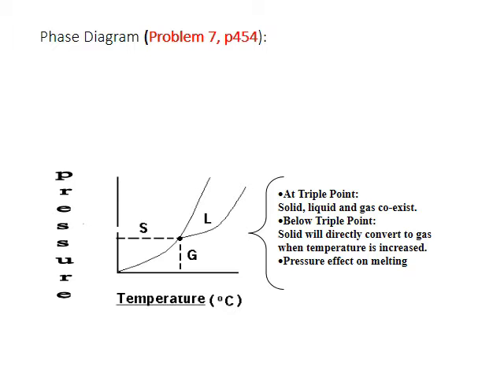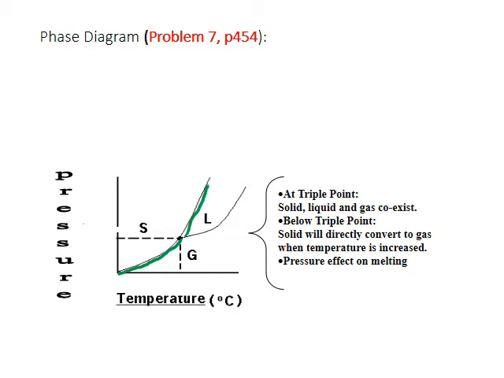In this phase diagram, let me first explain. On the left side you see solid, on the right side of that curve you have liquid, and on the far right you get gas. Let me show you in a different color. This is the curve for solid, I'm showing you in green.